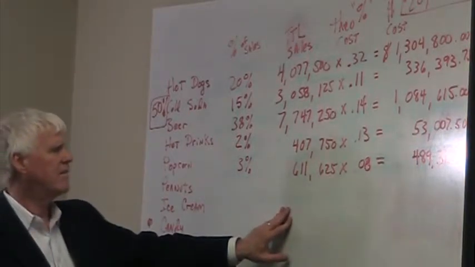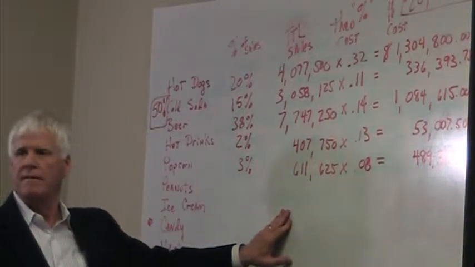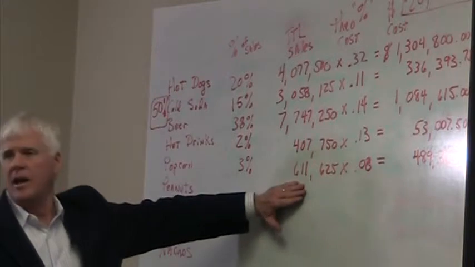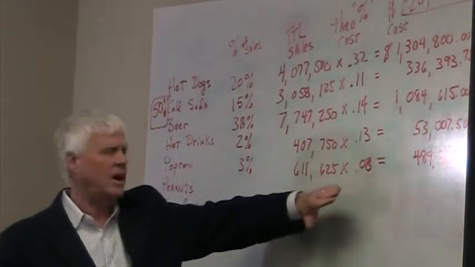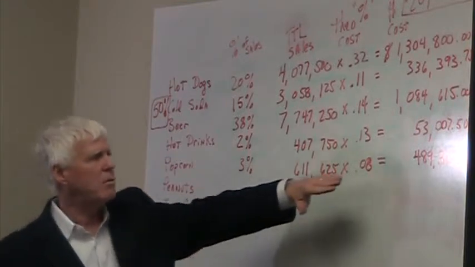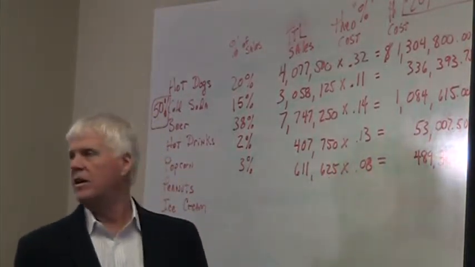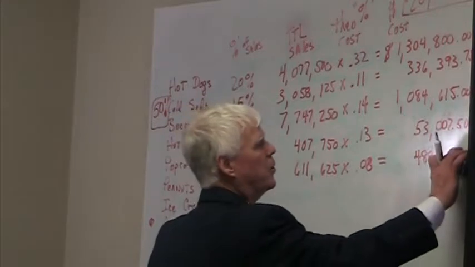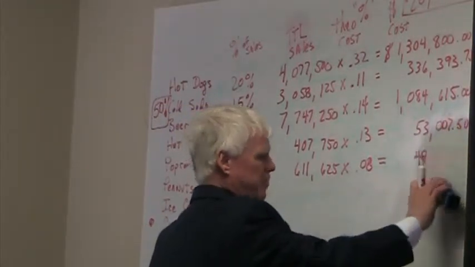That can't be right, not even close. This is 600,000, and I'm taking 8% of that, so it's got to be less than 10%. 10% would be 61,000. So it's probably 48,930. Yeah, just off a decimal point. Yeah, that's what I thought.